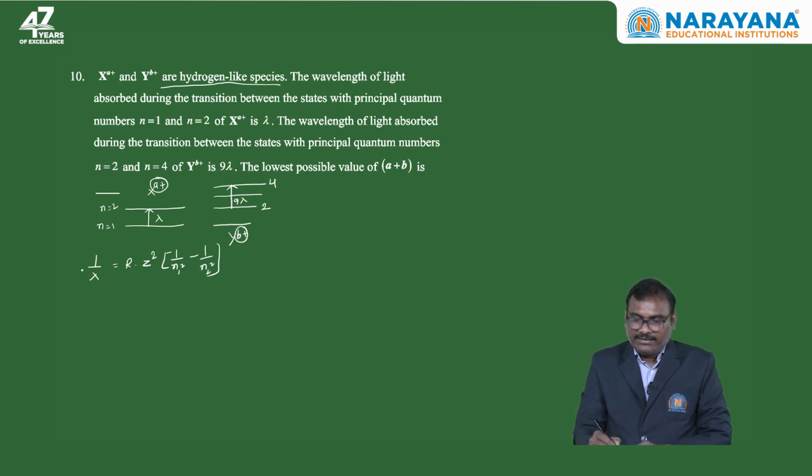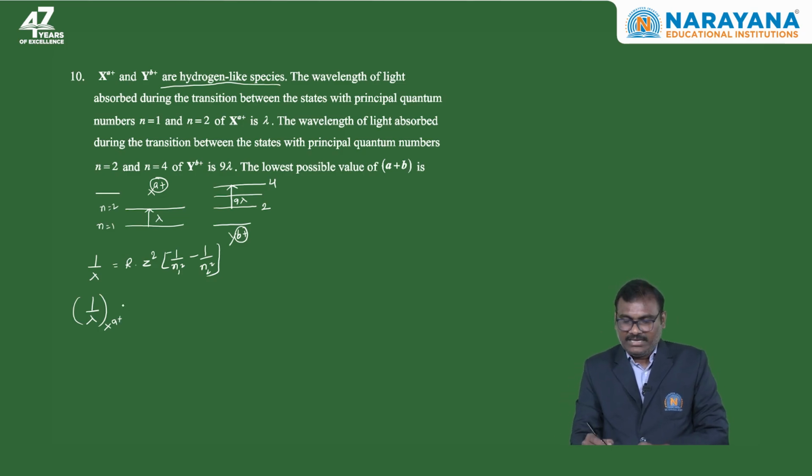Apply this for the first ion X^(a+): 1 by lambda is equal to R into Zx into (1 by 1 square minus 1 by 2 square).